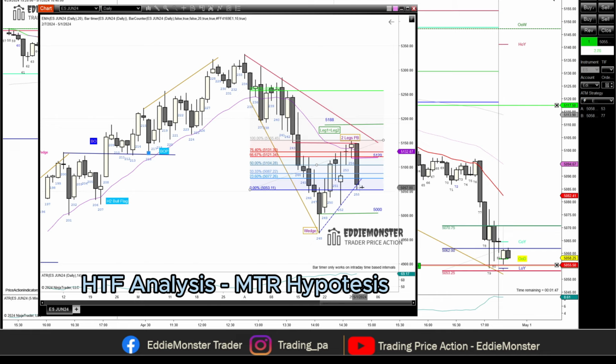So the probability for me is to have a kind of pullback somewhere here below the breakout point here at 5120, but it could go here, pull back here, and just bear trend resumption. So that's what I'm doing.